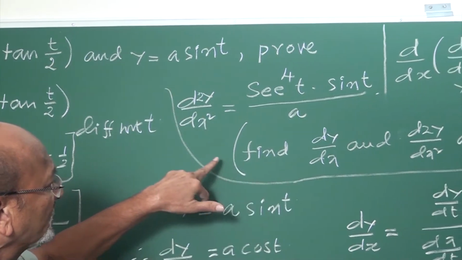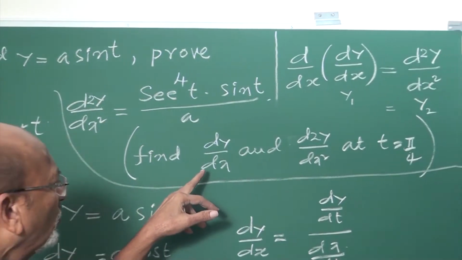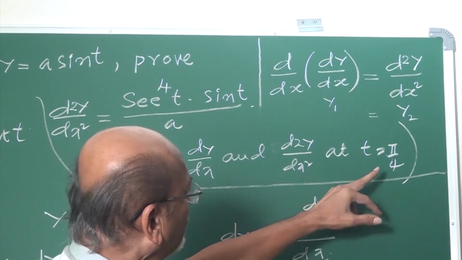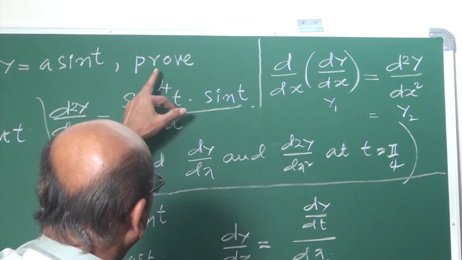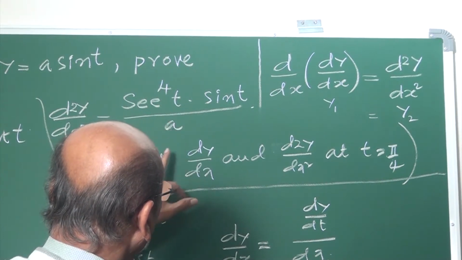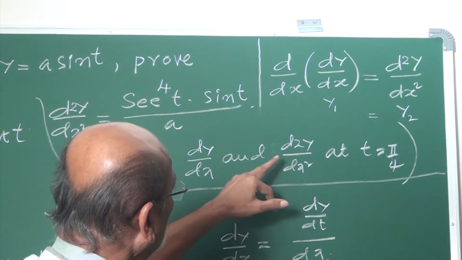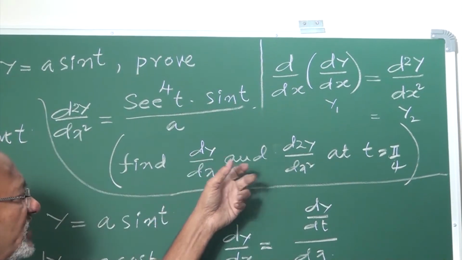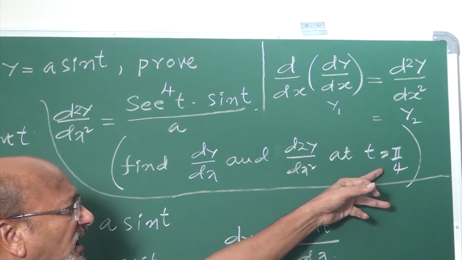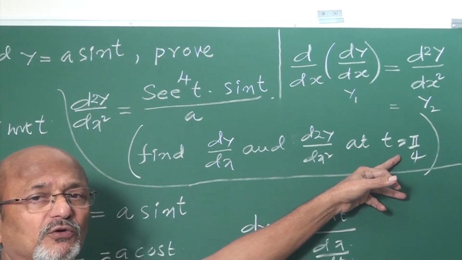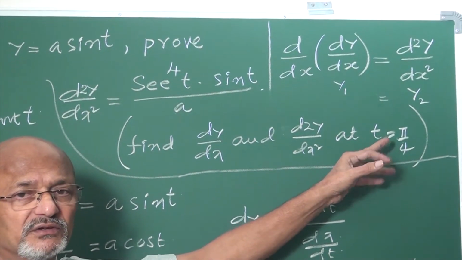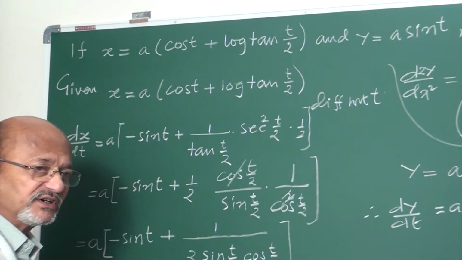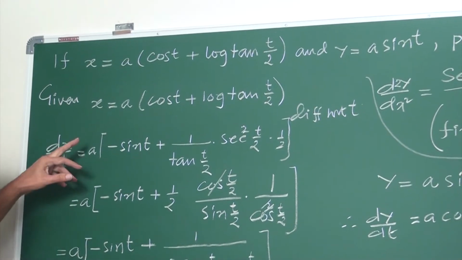Sometimes it is a particular case: find the values of dy by dx and d2y by dx2 at t equal to pi by 4, or at t equal to 45 degrees, my friends. Have concentration, listen and see.